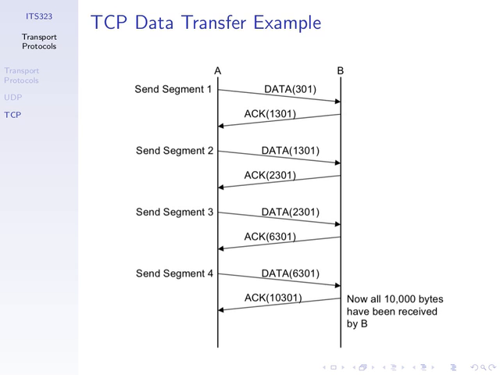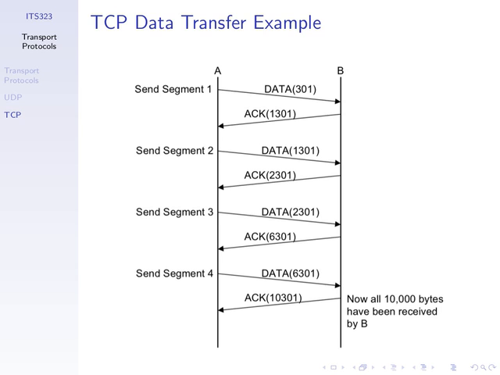Or in this case, we sent 4 segments. The amount that is allowed to be sent depends upon the flow control and congestion control scheme, the window size. And then we sent an ACK for every segment received.